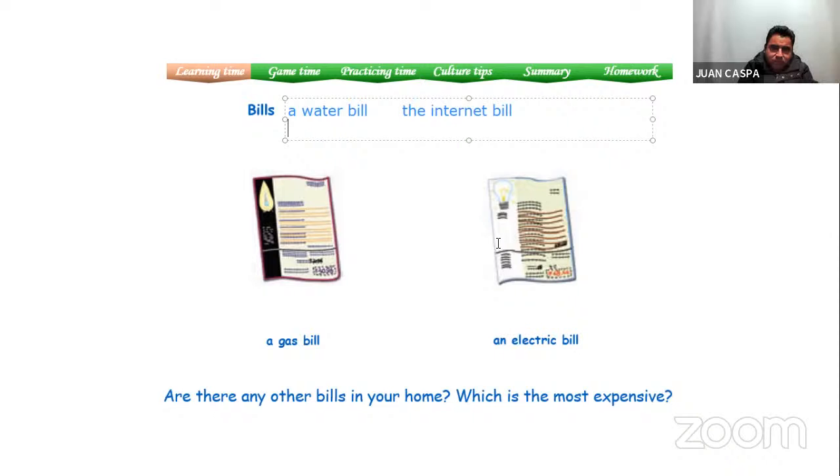Only that, right? Or something else maybe. Something every year is the tax, right? Do you know what's the tax, Enzo? The tax, los impuestos, ¿no? El impuesto. Oh, sorry, the tax bill.